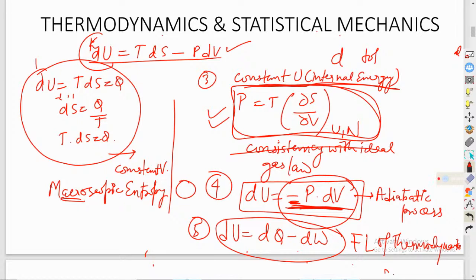And one more thing, the temperature from the thermodynamic identity can be obtained also. I hope everyone has written equations 1 to 5.